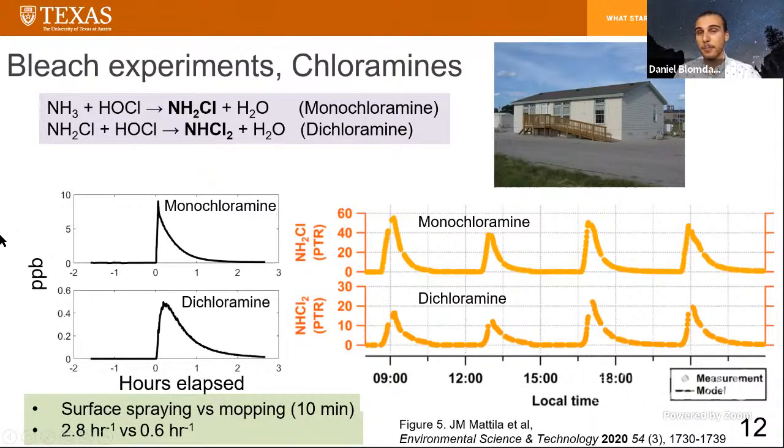That's because the application methods were much different. They used mopping for many minutes, while we used surface spraying, so there was less mass emitted into the space. There was also quite a big difference in the air exchange rate. 0.6 per hour leads to very stagnant air, so these concentrations are elevated for longer periods of time.